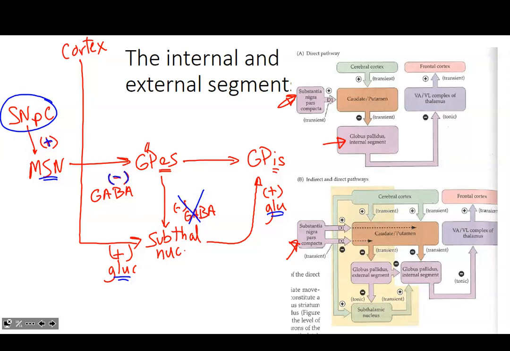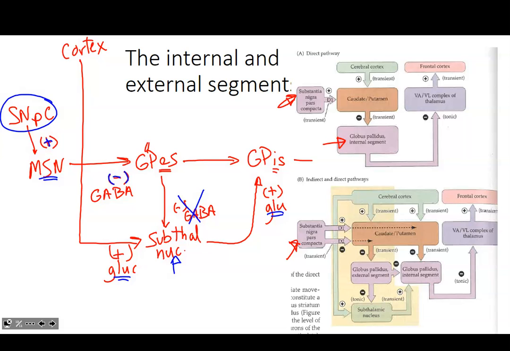And the result of its activity is to strengthen the GPi. That's kind of strange, right? As the subthalamic nuclei becomes more active due to these cortical projections, it releases more glutamate, and the result of more glutamate release is greater stimulation of the globus pallidus internal segment. And we've seen what this does. This provides tonic inhibition to the VA/VL of the thalamus.